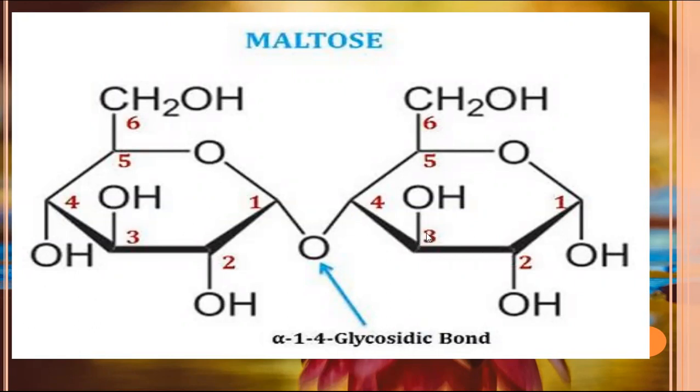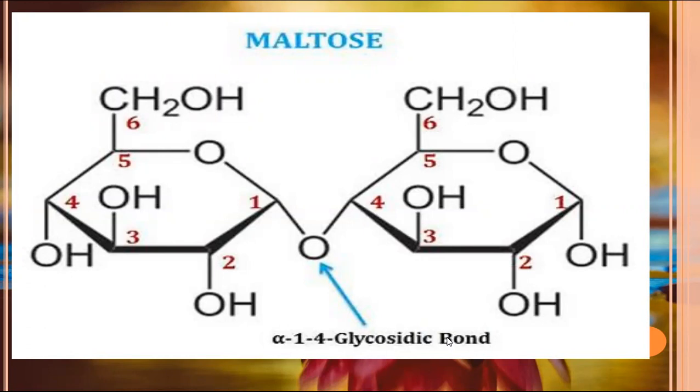Glucose has a first carbon, second, third, fourth, fifth, and sixth carbon. Here is another glucose molecule, with first, second, third, fourth, fifth, and sixth carbon atoms. Between these glucose molecules, a glycosidic bond is formed. This is called an alpha 1,4 glycosidic bond.